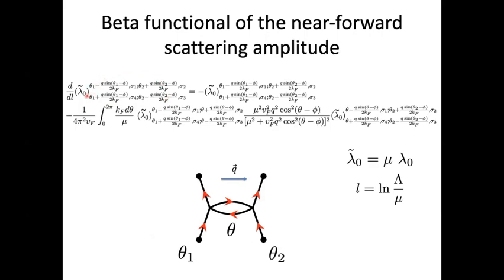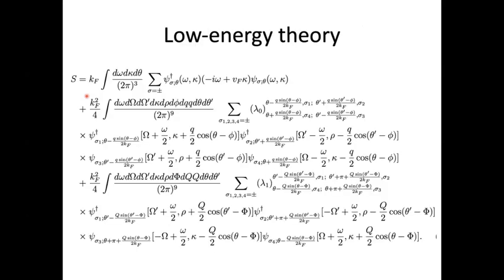I also have to mention that this coupling, the near-forward scattering amplitude, should now be a function of 4 angles in general. In Landau Fermi liquid theory, it's a function of only 2 angles, right? Because the momentum transfer is 0.